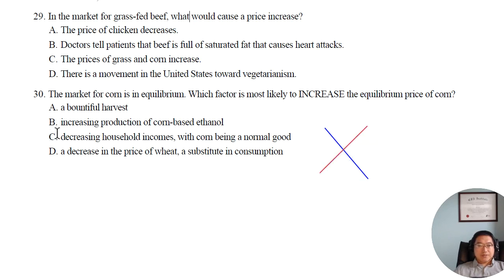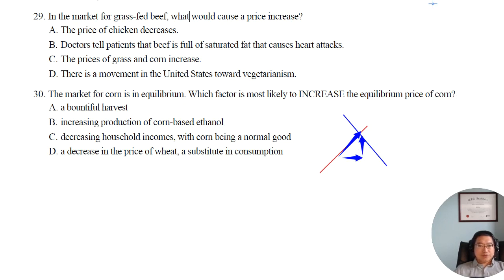And then B, increasing production of corn-based ethanol. Corn-based ethanol needs corn as an input. So you want to produce more ethanol, you want more corn, and then it means the demand for corn will increase. Okay, and when the demand for corn increases, we move along the supply curve, a higher equilibrium quantity and a higher equilibrium price.